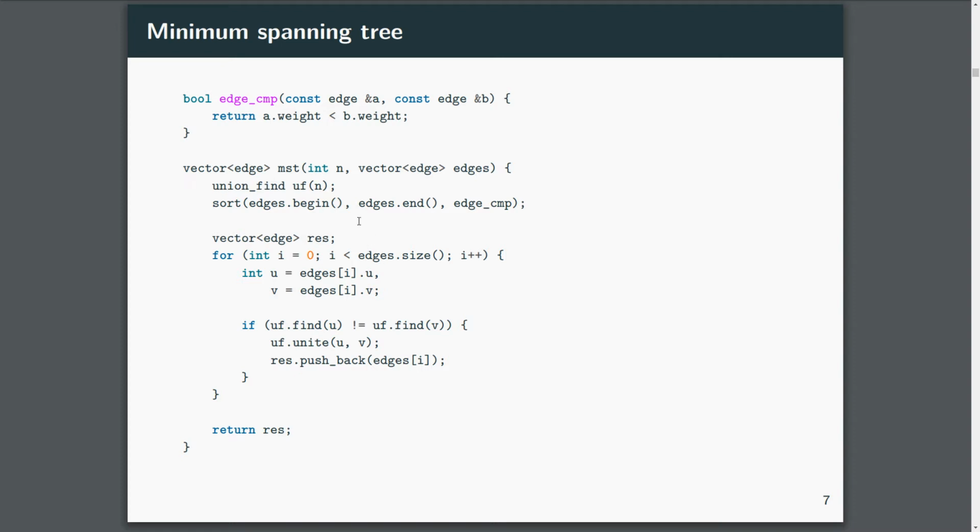Then we iterate through the edges, we get u and v, and we check, are these already in the same component? If they are not in the same component, then we add the edge and then push it back to our result vector. So here we are always greedily taking the least value, and this has been proven to be an optimal answer.